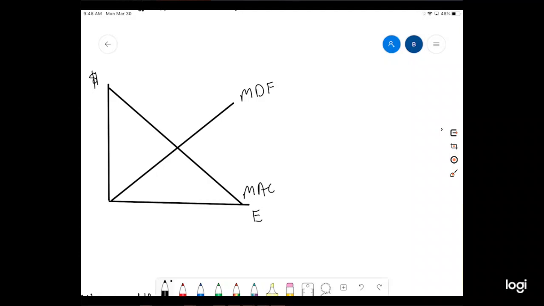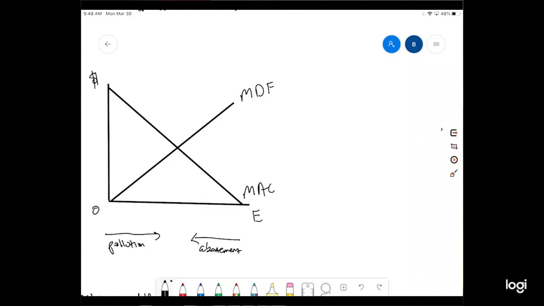So abatement is going this direction, reduction of emissions is going that direction, and pollution is going this direction. Here at 0, we have 0 emissions, so 0 pollution. We've abated all of the emissions.